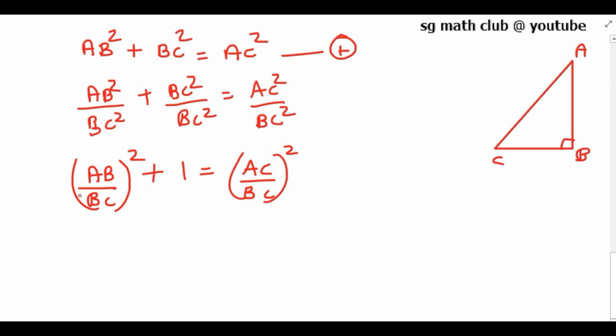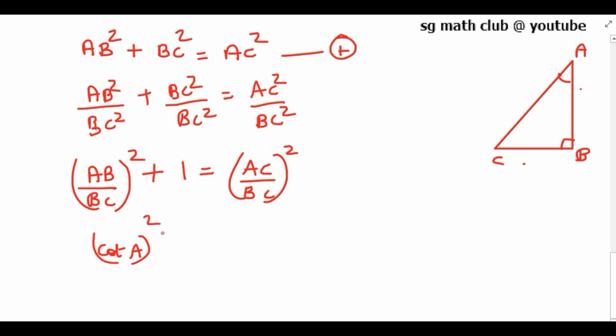Now what is AB by BC in terms of trigonometric ratio? AB is adjacent side with respect to angle A. BC is opposite side with respect to angle A. Therefore, AB by BC is nothing but cot A.